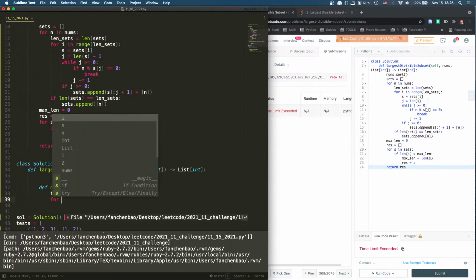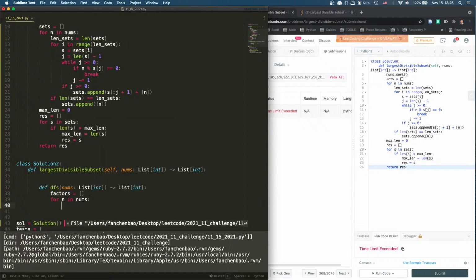And then for n in nums, right? So n is the first factor we're gonna check. We're gonna obtain the set, right? So s will equal DFS of nums divided by n.